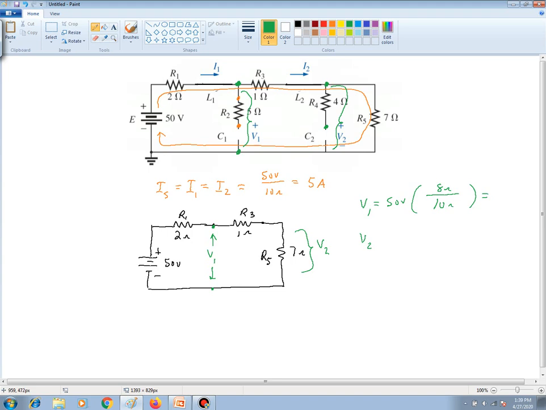And V2 is equal to 50 volts times the voltage across R5, which is 7 ohms, over all of the resistances in the path, which is 10 ohms. Now solving for both of those, we have that V1 is equal to 40 volts and V2 is equal to 35 volts.